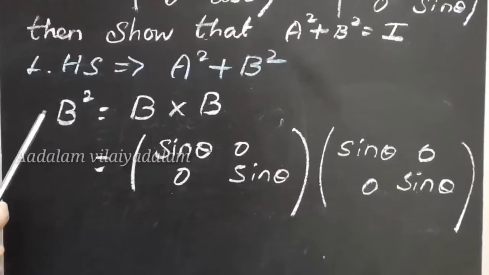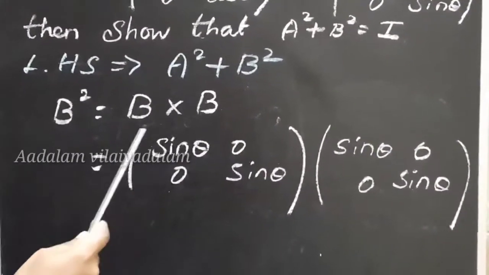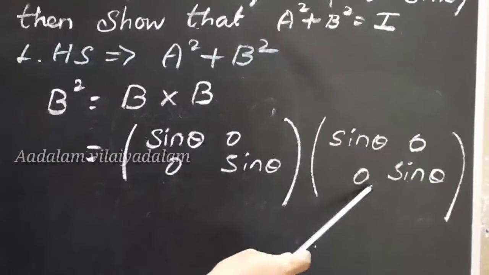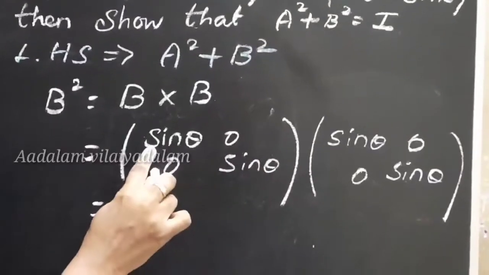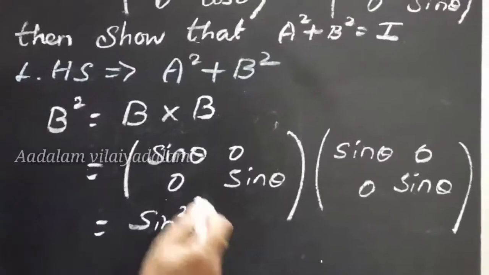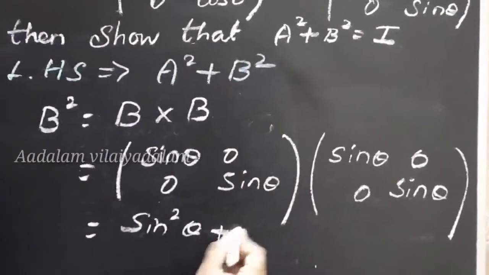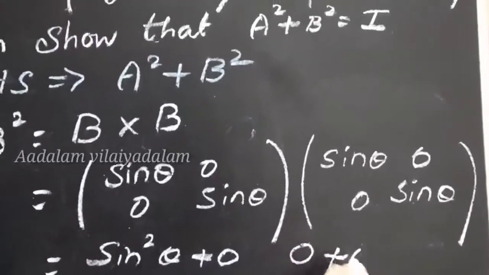Next we have to find the B square value. So B square means B into B, so this is B matrix into B matrix. Multiplication, row and column: sin theta into sin theta, sin square theta, plus 0 into 0, 0. Again sin theta into 0, 0, plus 0 here.